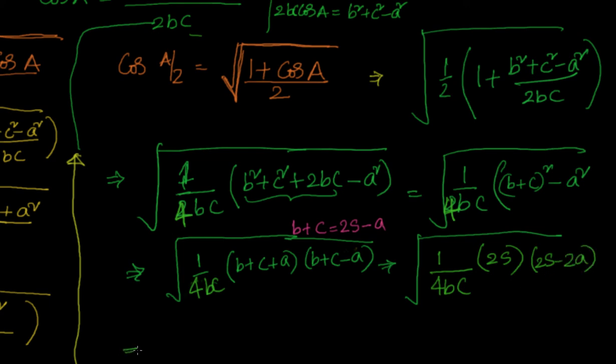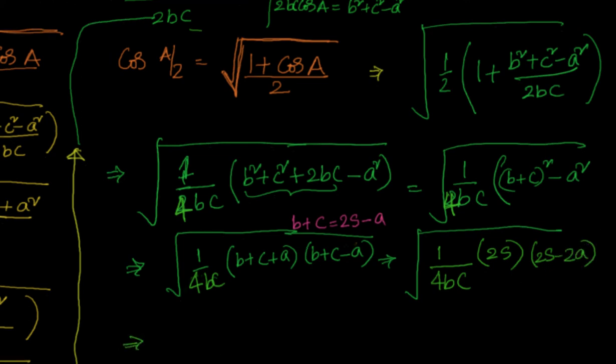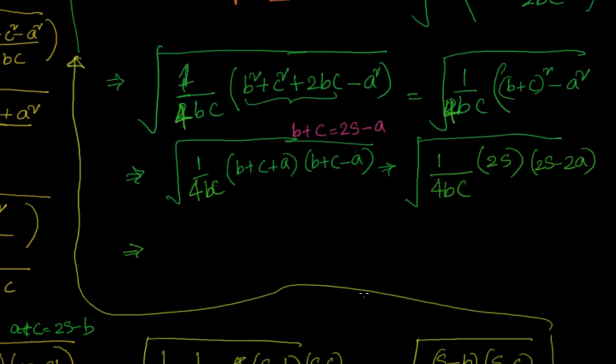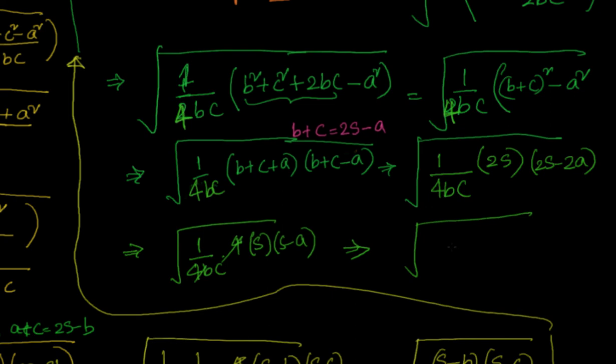Now this is nothing but equal to square root of 1 by 4BC into 4 into S minus A. You can cancel 4 and 4. You will have S into S minus A by BC. That is nothing but equal to cos of A by 2.